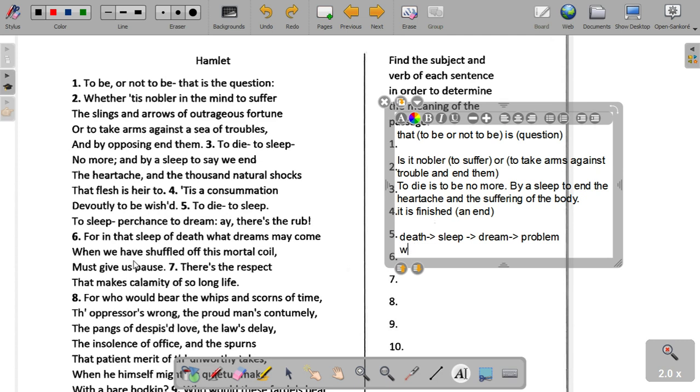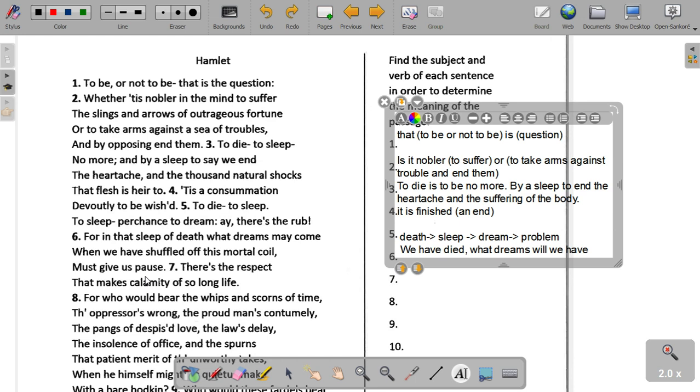So we have shuffled off this mortal coil, which essentially means, if you're going to reword this, when we have died, what dreams will we have? So what dreams will give us pause? In other words, what will we think about when we're dead, essentially?